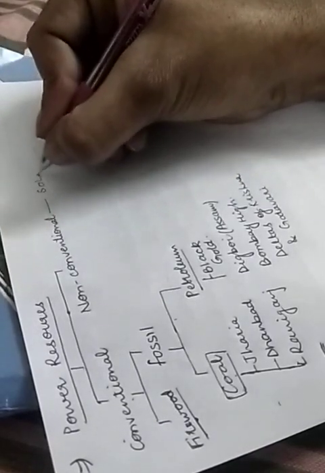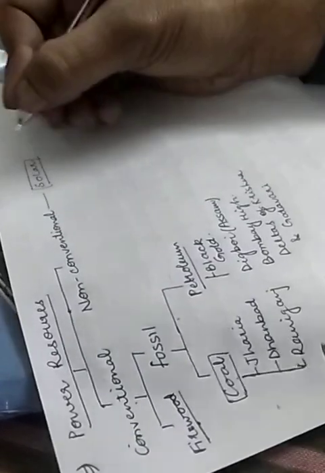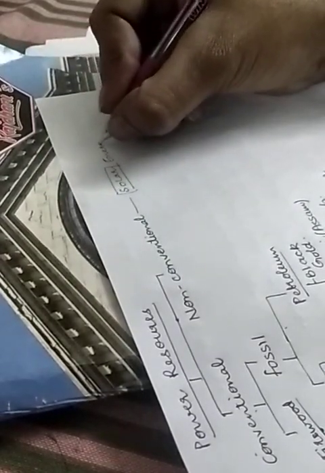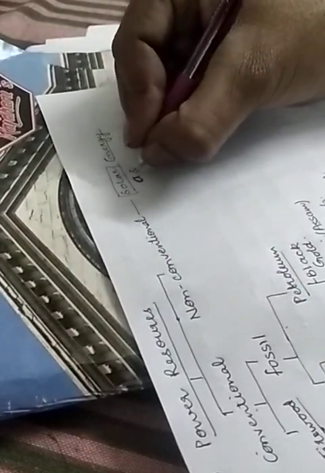First is solar. Energy trapped by the sun can be used for power generation. That is called solar energy. Like today, it is very common that solar plates are used to trap the solar energy and convert it into electricity. India is also a founding member of the International Solar Alliance.